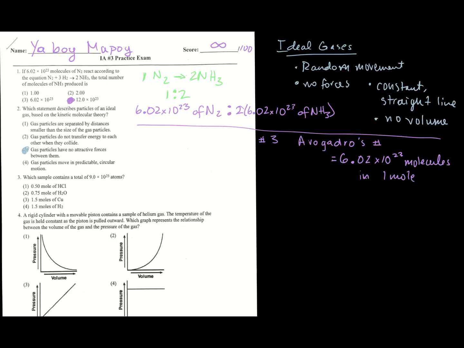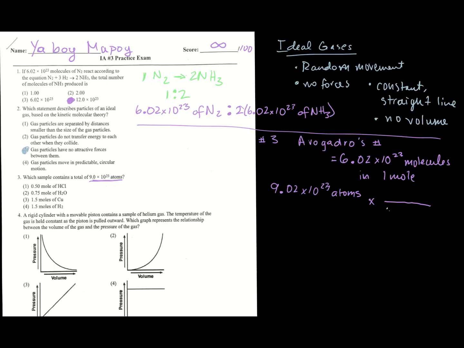So let's think proportionally. Here we have 9.0 times 10 to the 23rd atoms. We want to figure out how many are in 1 mole. So because I'm going to use the dimensional analysis method, if you want to cancel out the unit of atoms, it's almost equivalent to molecules.